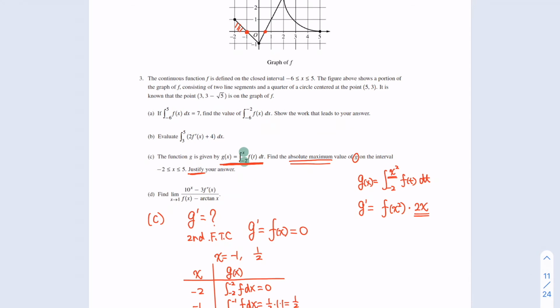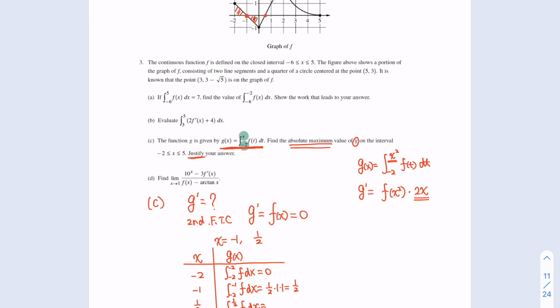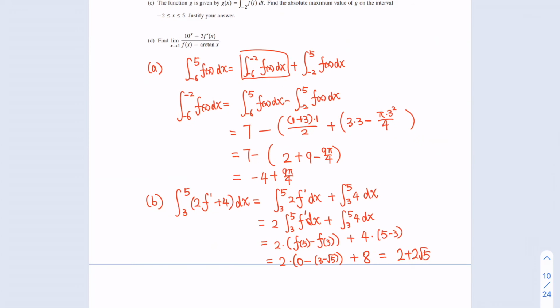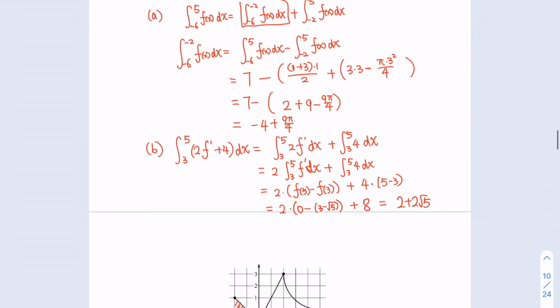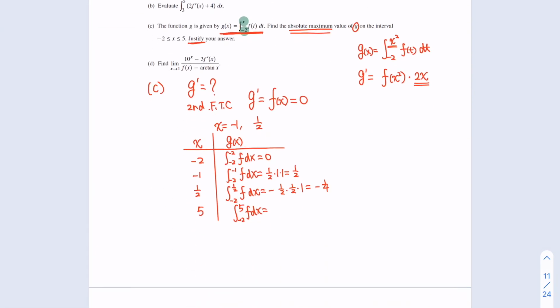And when x equals 1/2, our integration is here. A1 and A2 cancel, so that will be the area there: -1/2 times 1/2 times 1 gives us -1/4. And last, the integral from -2 to 5 of f dx, which we already evaluated before, is 11 minus 9 pi over 4.